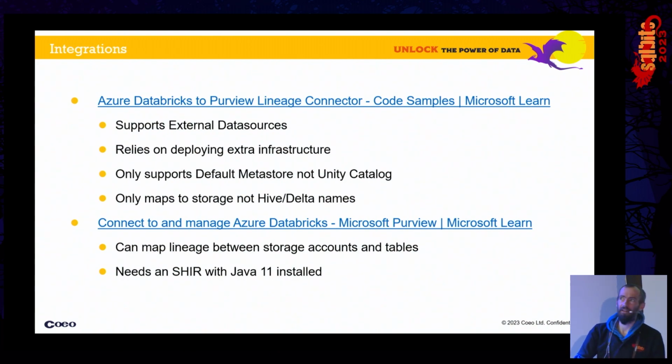On top of this, Microsoft have a generic Spark lineage collector. It means going through a load of steps, installing libraries on your clusters, setting up function apps, storage accounts, loads of complicated steps that I never got to the end of and never got it working. But unfortunately, it only supports the default Hive metastore.